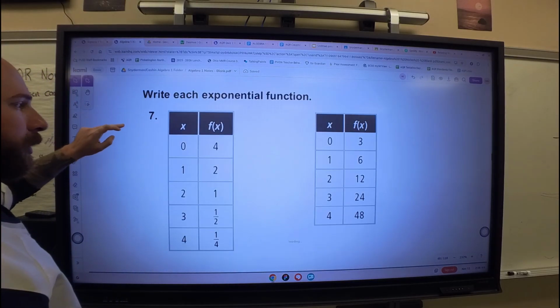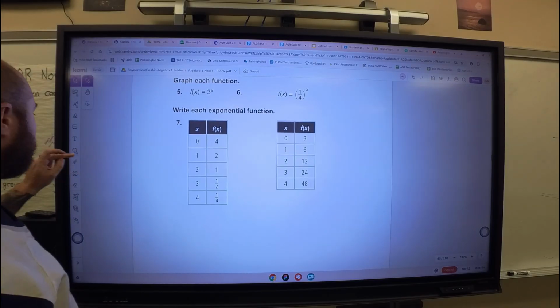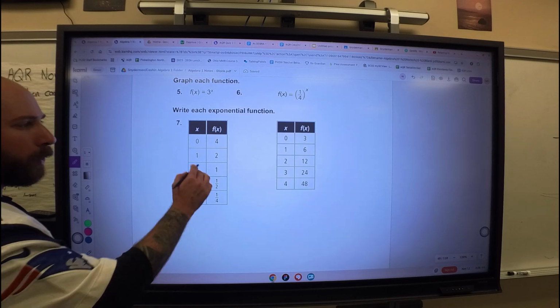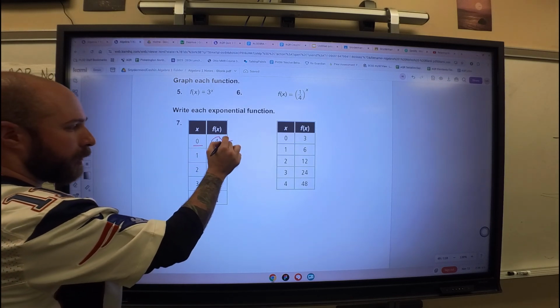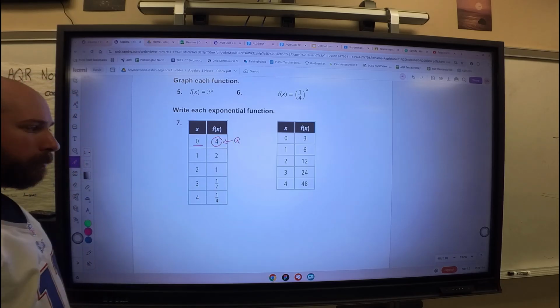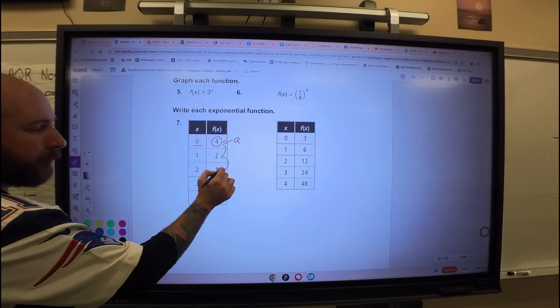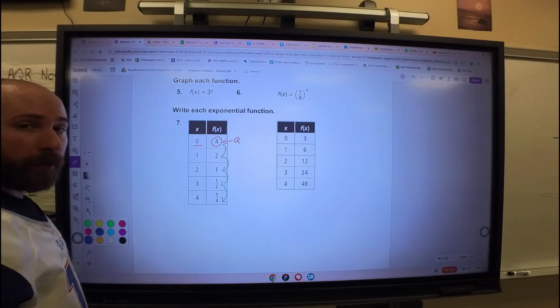Flip your page over. Let's take a look at the tables, number 7 and number 8. So if we look at number 7, we do have an x value of 0, so we know our value of A is going to be 4. Then we can see our y values, or our f of x values, they are getting smaller. So that means we're multiplying by a fraction.